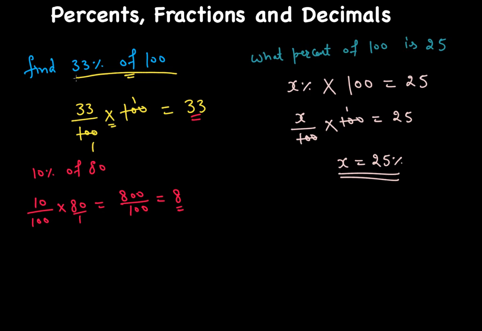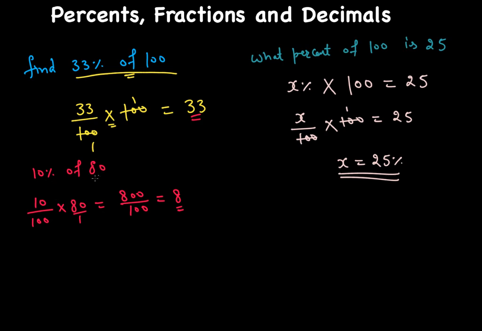If they give you this word problem, what is 33% of 100? 33% means 33 out of 100, and "of" is multiplication, and 100 is 100 there, so you solve it and you get 33. You can use any number here, but the rule is the same. I'm using easy numbers so that you can see it.